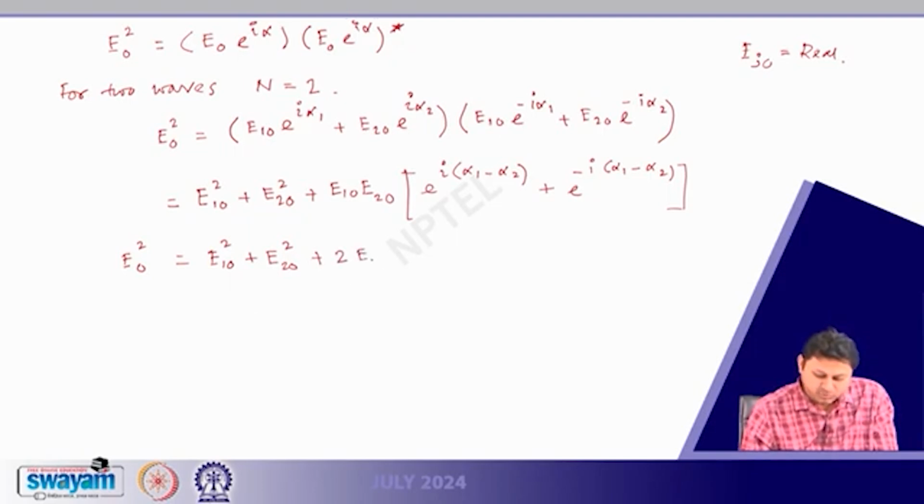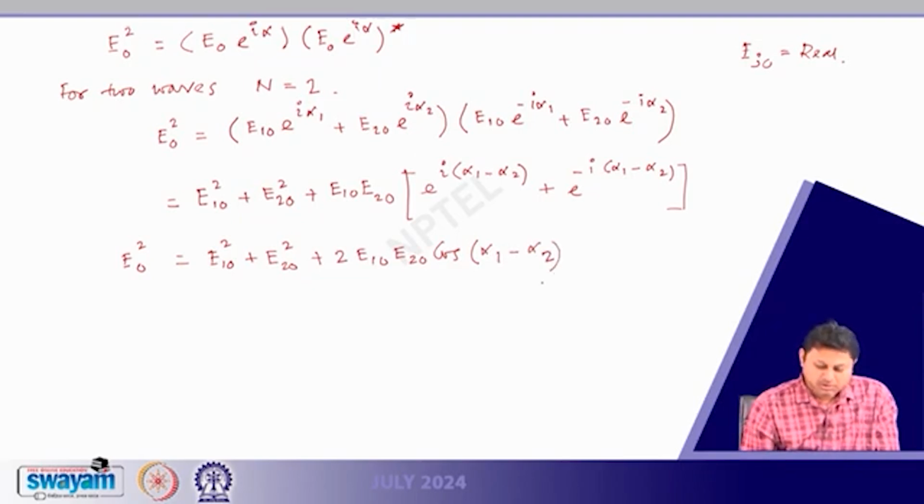So I have 2 E10 E20 cos of alpha 1 minus alpha 2. So that is the amplitude squared, and if I take a root over, basically that is the amplitude of the resultant wave, and that is the exact expression that we had previously.